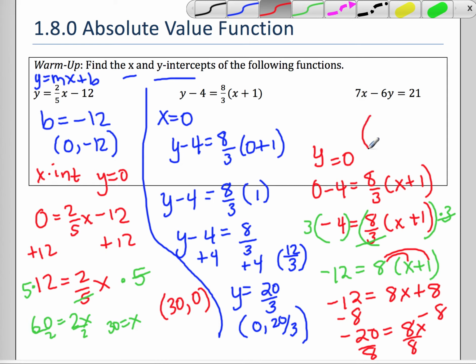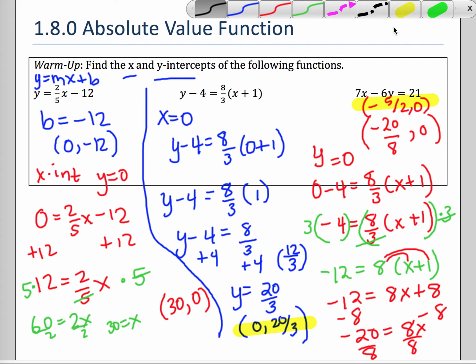So now I have the coordinate point -20 over 8, comma, 0. Or you could simplify that too. If we simplified it, it would be divide by 4. So 5/2, 0. I'll take either answer there. So there's one, there's the other. Go ahead and press pause and try the next one.